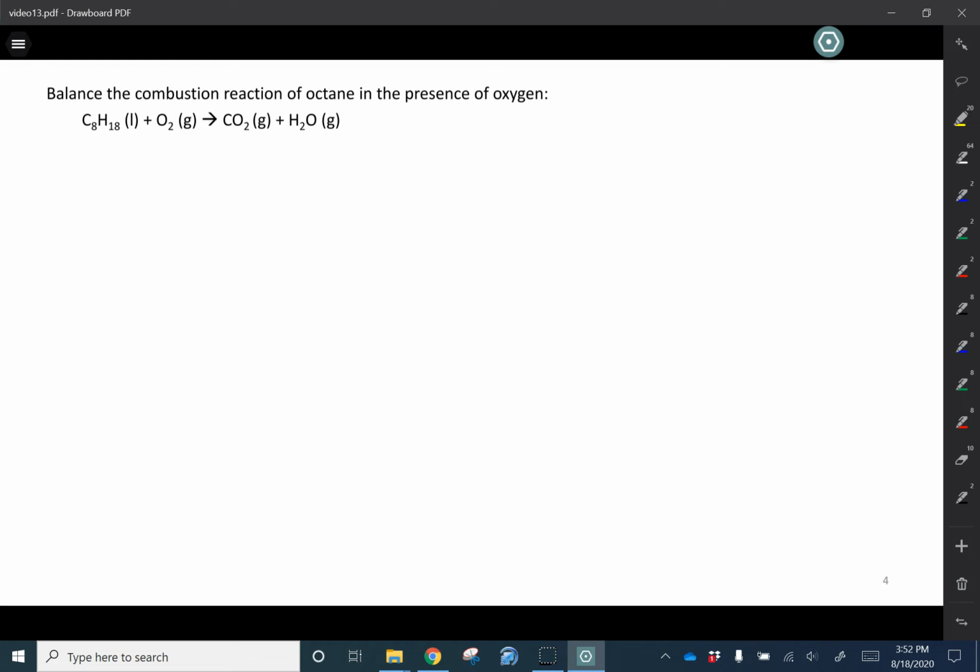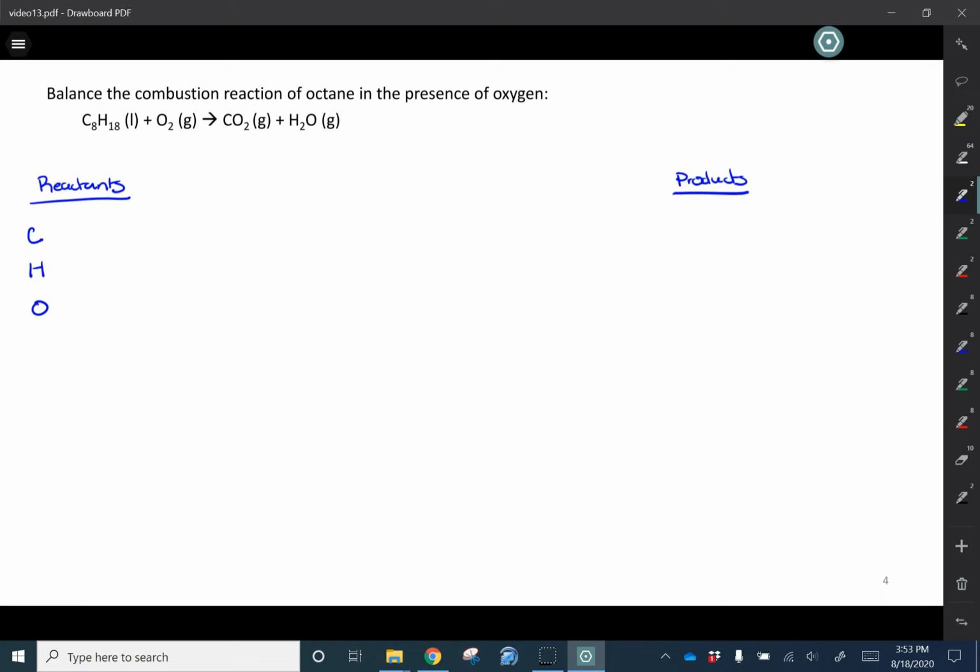Welcome back. So we are here to balance the combustion reaction of octane. We're going to start by writing out reactants and products. We have carbon, hydrogen, and oxygen.